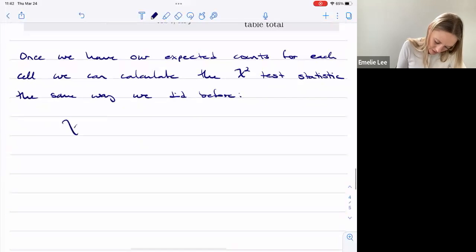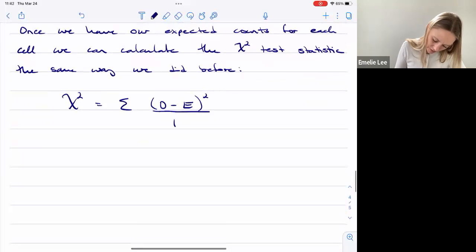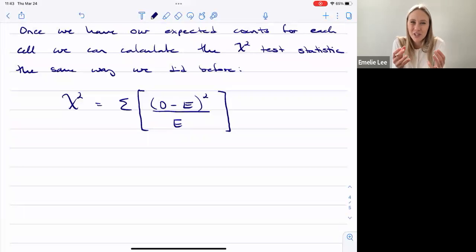Chi-squared is the sum of the observed minus the expected. I'm just going to use O and E, which should be pretty self-explanatory, squared over the expected. And then I'll put square brackets around here just to emphasize that I'm summing all those. I'm not using any subscripts, but of course it's for each cell, and then we add them all up.